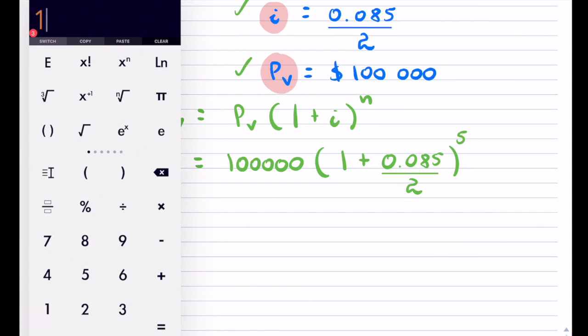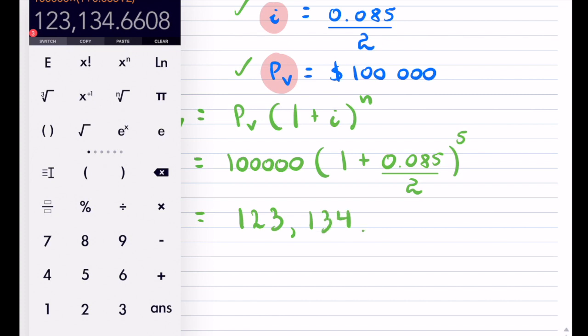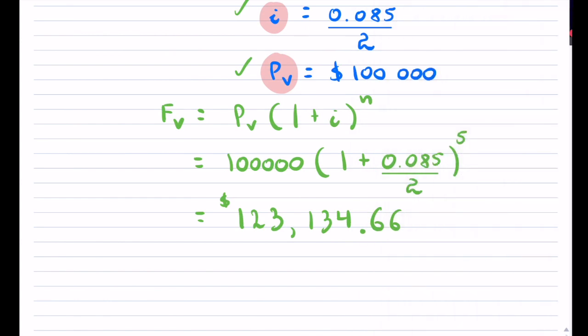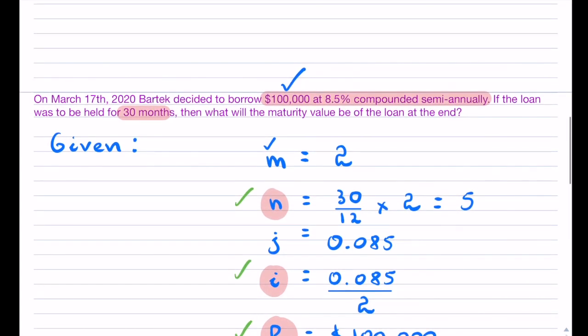On my regular calculator, I have 100,000 multiplied by 1 plus 0.085 divided by 2, raised to the exponent of 5, and hit equals. And I will round it to the penny. I have found my future value, or in this case, what they call maturity value.